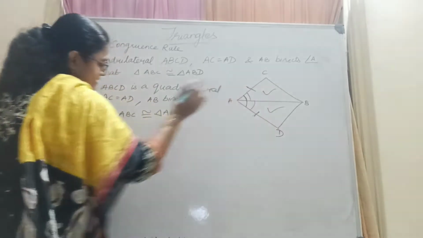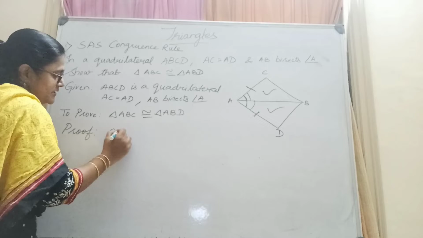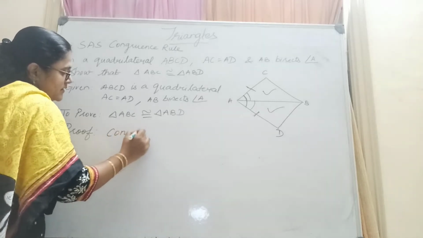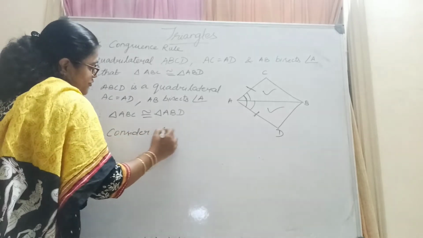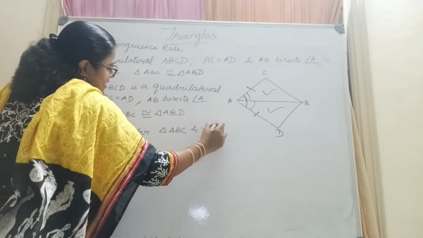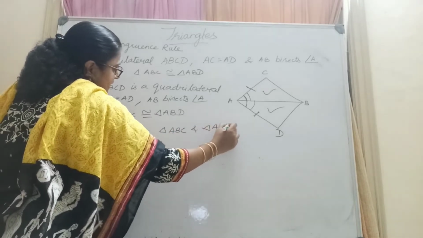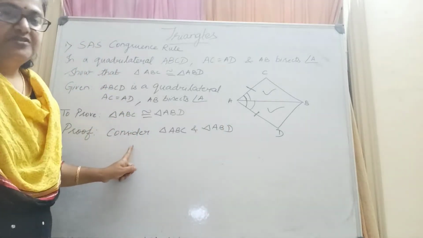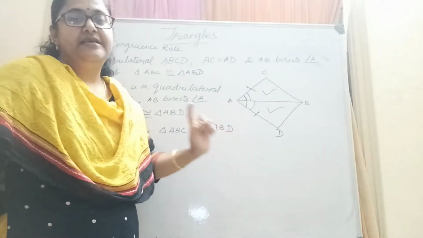Consider the triangle ABC and consider triangle ABD. Initially you should not write that they are congruent. We are going to prove that they are congruent. So first always write consider triangle ABC and ABD.